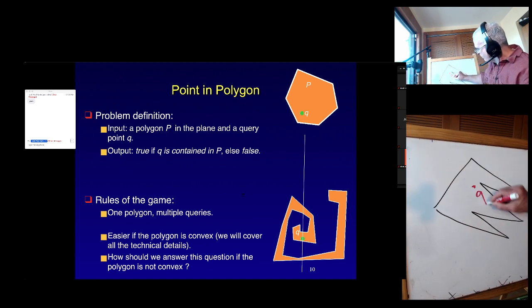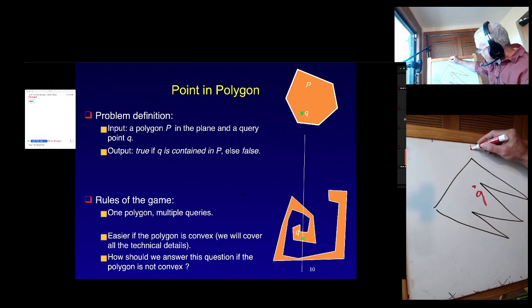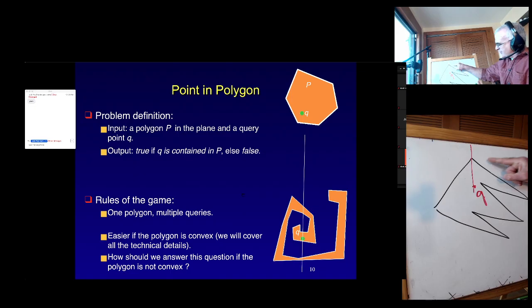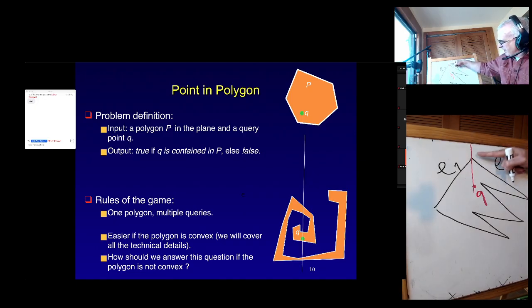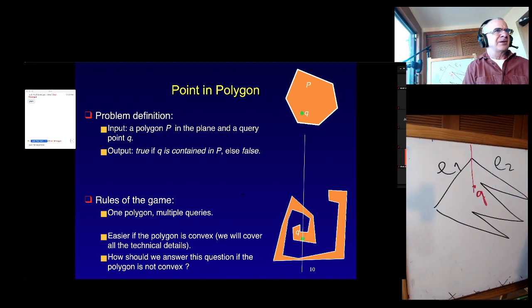Here is Q on the whiteboard, and here is my vertical line, and it just crossed both edges E1 and E2. So does it mean that if I'm falling down along the vertical line, did I enter Q or did I not enter Q? If I hit a vertex, should I count it as 0? Should I count it as 1? You see the problem.